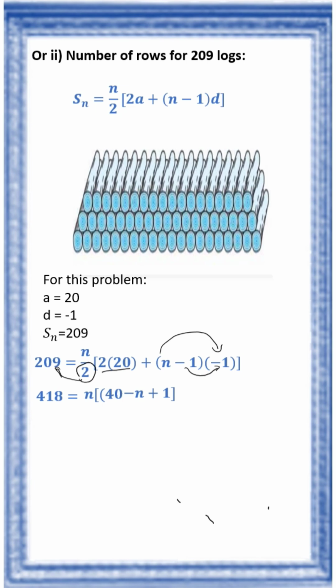Here 40 plus 1 is 41, minus n. Now let us write the terms. So 418 is equal to 41n minus n square. Let us write it in the standard form. n square first, then minus 41n plus 418 is equal to 0.